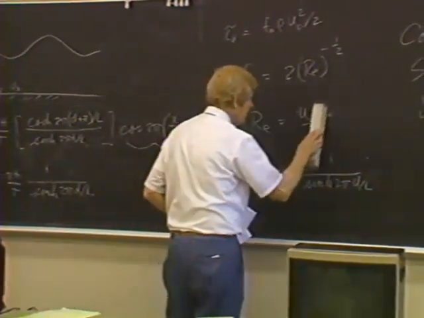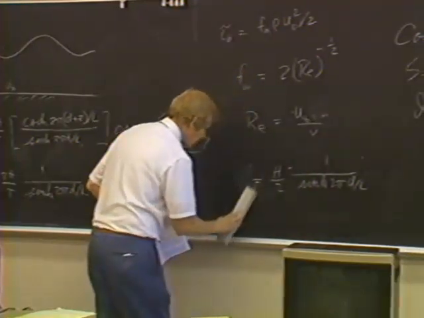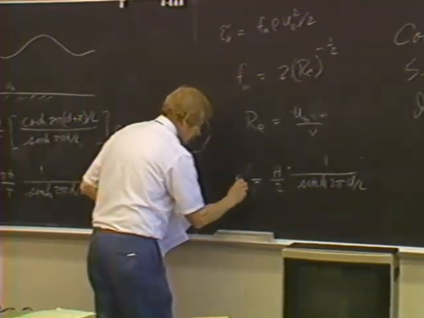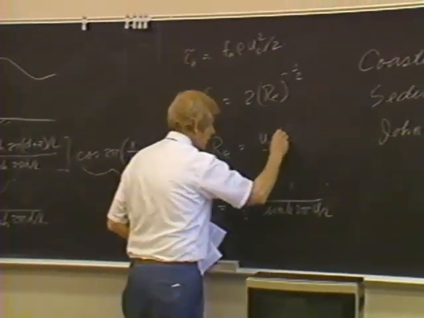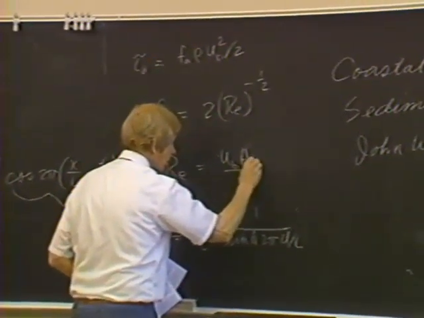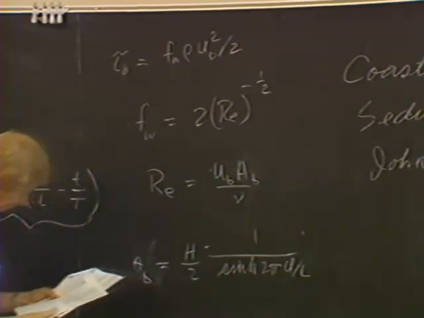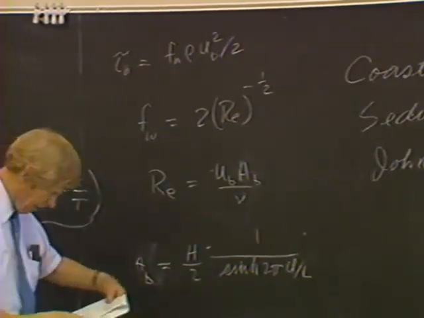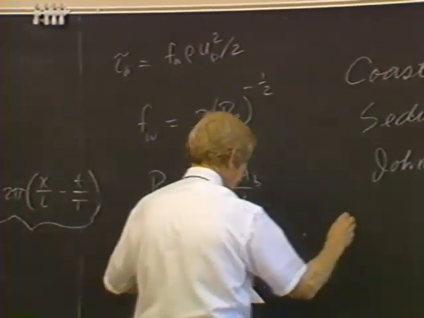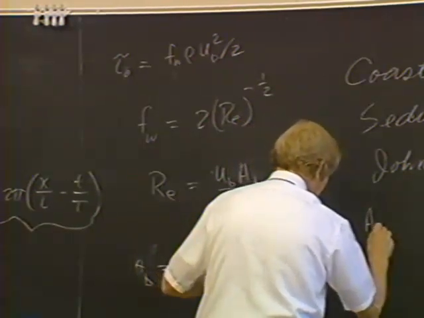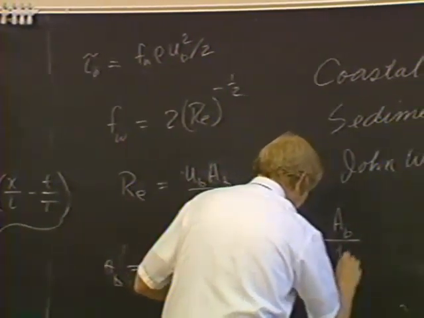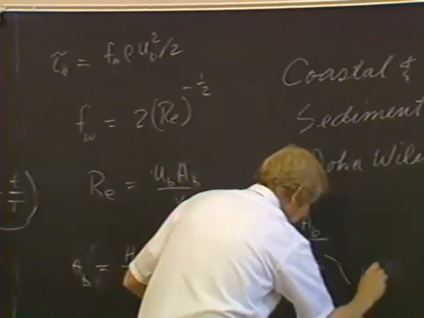Boy, it's confusing here. A sub B or KS, and this is the Nikuradse roughness.